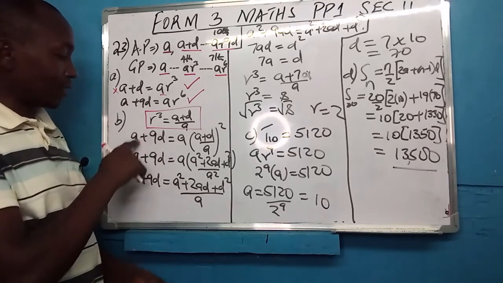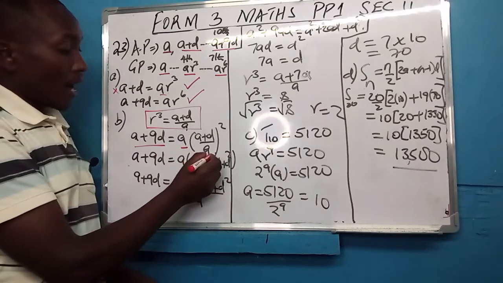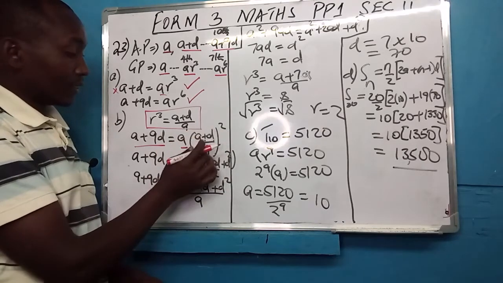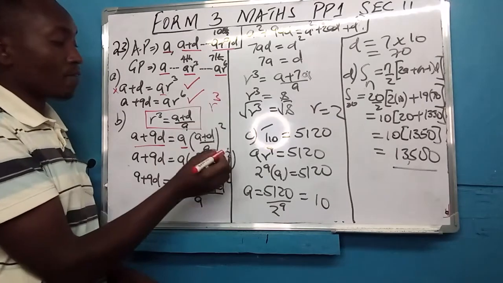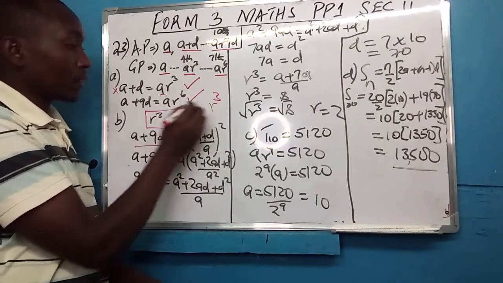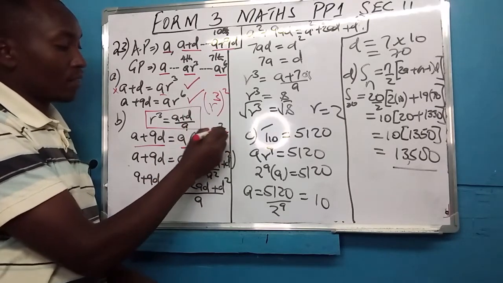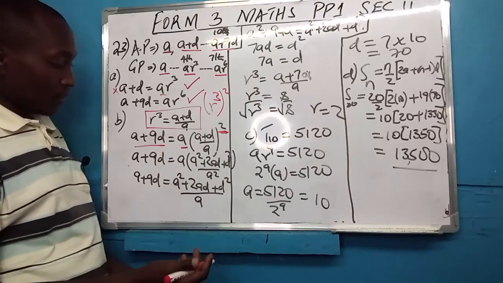A plus 9D equals A times R to power 6. Remember now my R cubed is A plus D over A. Remember here it was R to power 6, so automatically there must be a 2 outside. That's why I have this square there. So having represented that, I can go ahead and solve.